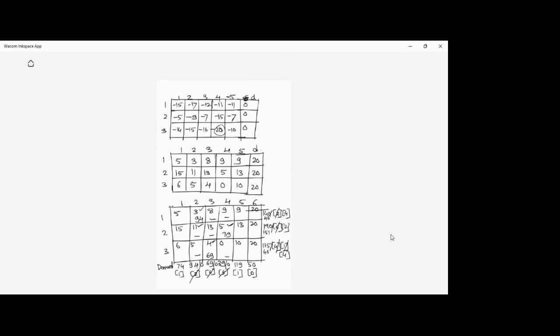So again we have a tie. In row number 1, we can do the allocation in this particular cell, and the maximum allocation that we can do is 46. Similarly, in row number 3, the maximum allocation that can be done in this particular cell is again 46 only.